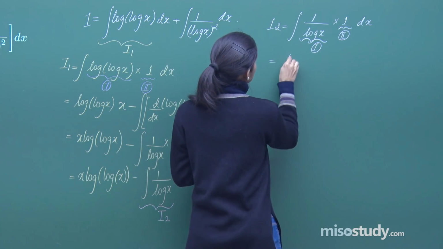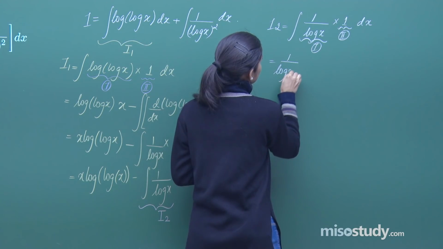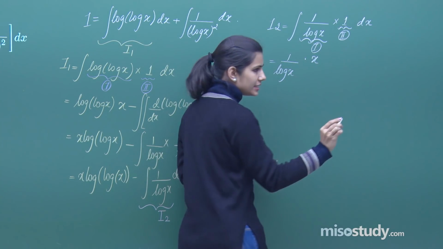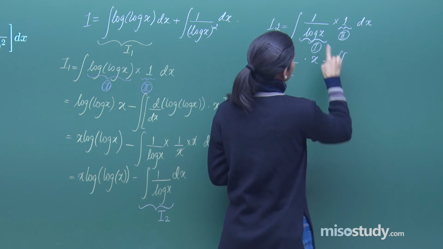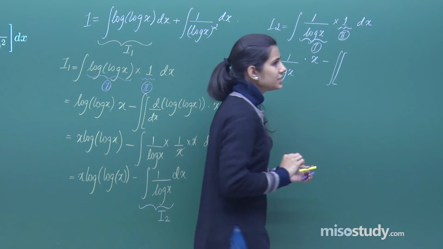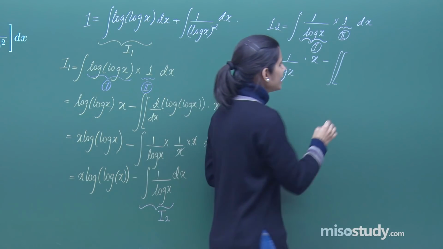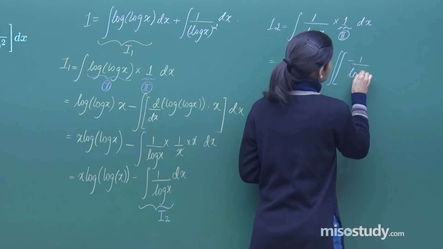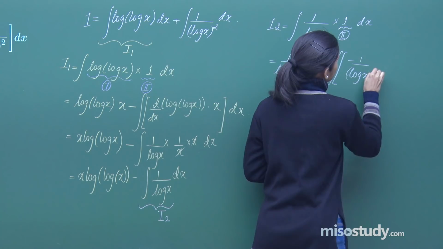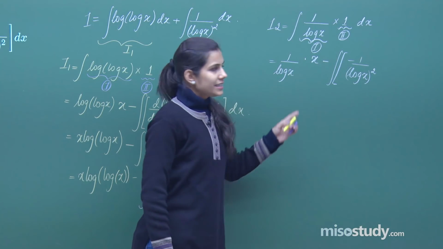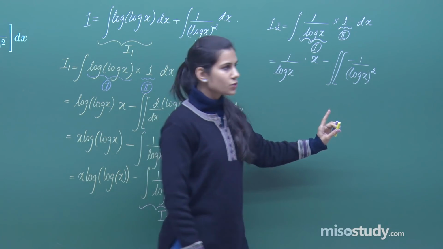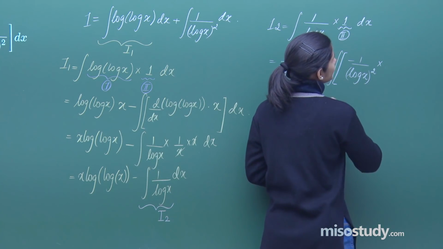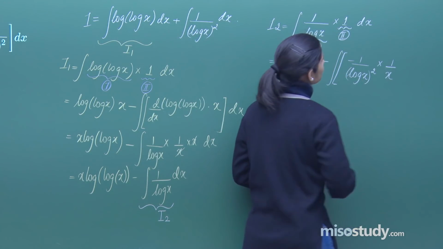So here I write first function into integration of second, integration of 1 is x, minus integration of big bracket start d by dx of first function. So d by dx of 1 by log x is minus 1 by log x whole square into d by dx of log x, which is 1 by x.